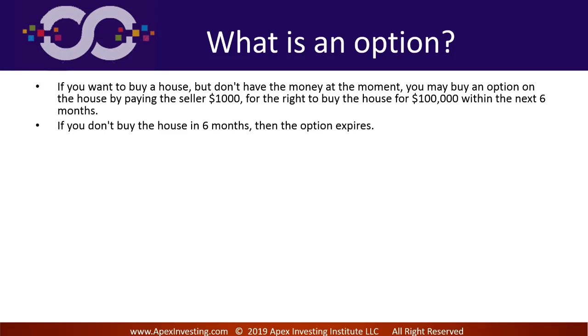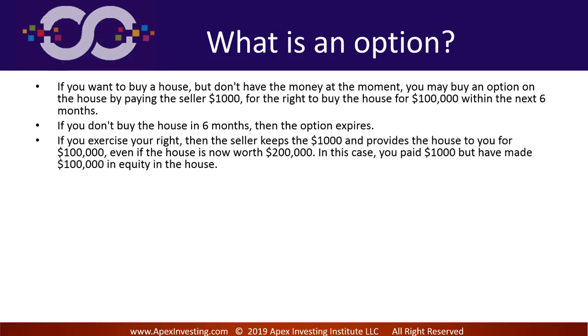The seller gets to keep the $1,000. But if you exercise your right, then the seller still keeps $1,000, but they provide the house to you for $100,000, even if the house is now worth $200,000. So in this case, you paid $1,000, but you made an additional $100,000 in equity in the house instantly as soon as you bought it.